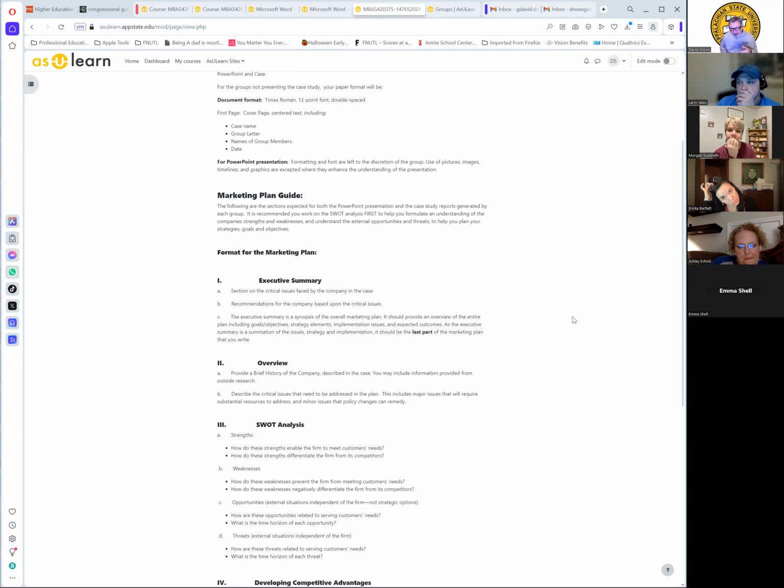The executive summary is a synopsis of your marketing plan, the overview, including the goals and objectives, the elements, implementations, and outcomes. And this is to be the last part of the marketing plan you write, okay? Write your executive summary after you've done everything else.